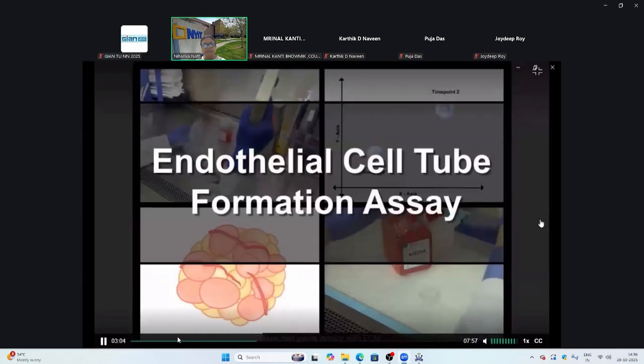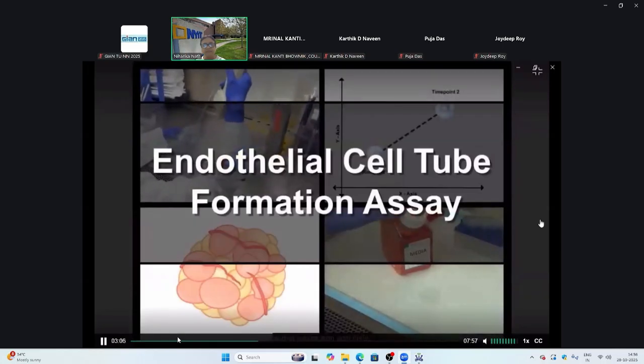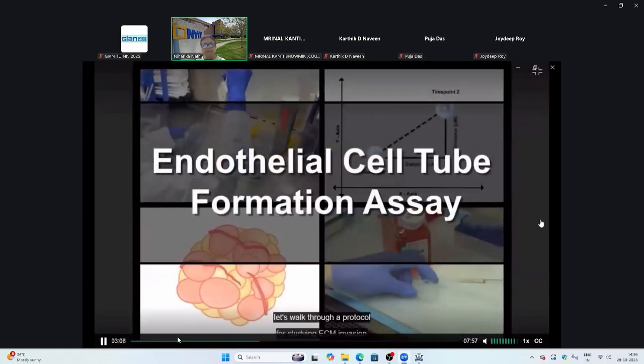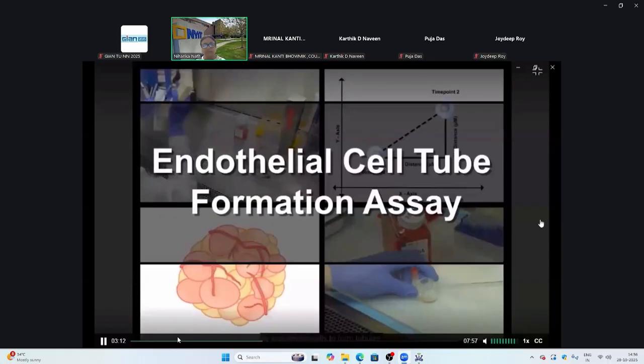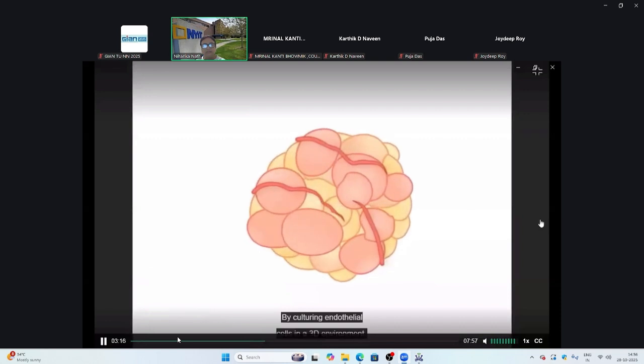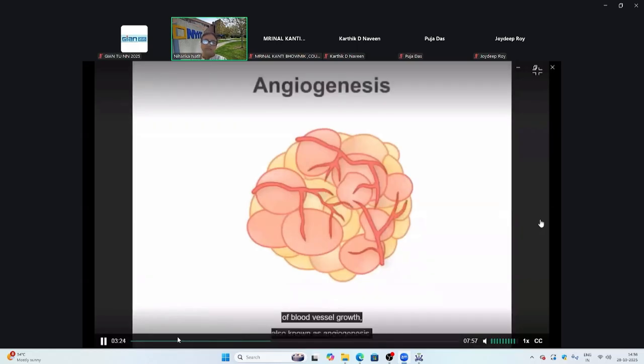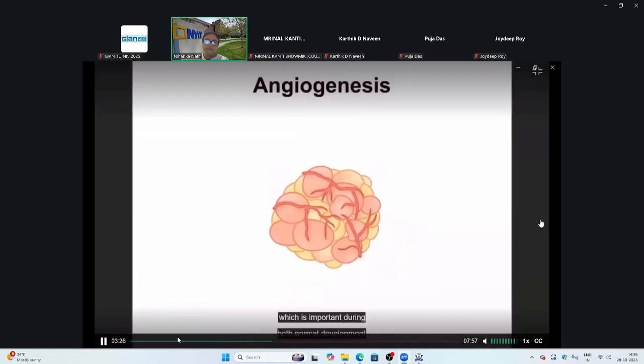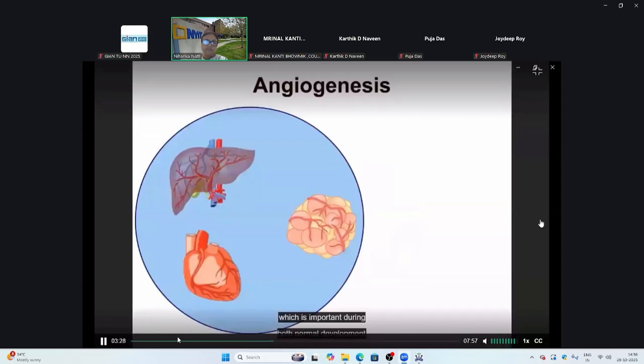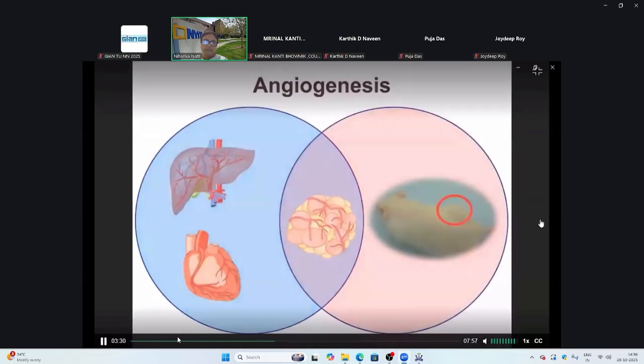Now that you're familiar with ECM and its interaction with cells, let's walk through a protocol for studying ECM invasion by endothelial cells to form tubules. By culturing endothelial cells in a 3D environment, one can simulate the biological process of blood vessel growth, also known as angiogenesis, which is important during both normal development as well as cancer.